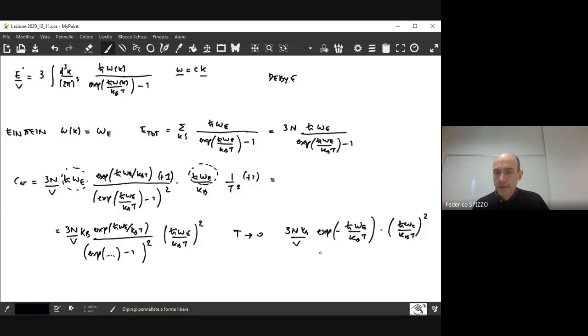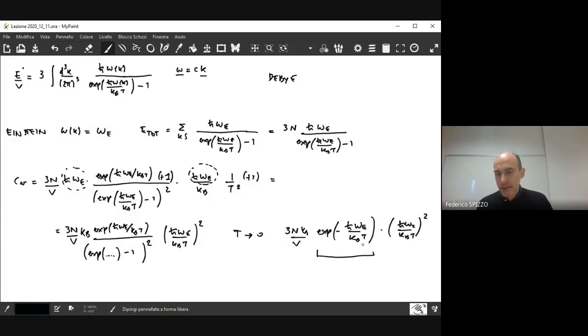So here we have something that, as temperature goes to 0, goes to 0. And here we have something that shows in principle a divergence when T goes to 0. But the exponential term is stronger. Sorry, at this point, if we consider the limit, the leading term is the exponential one. So this expression actually goes to 0.